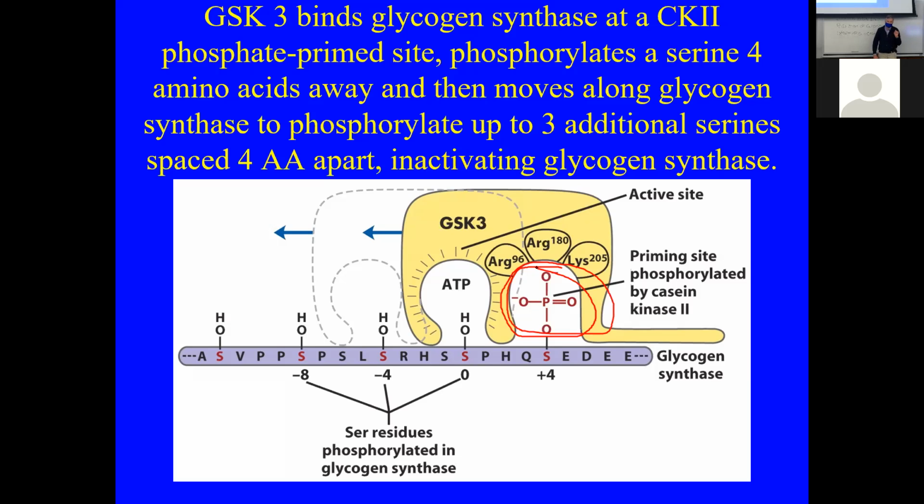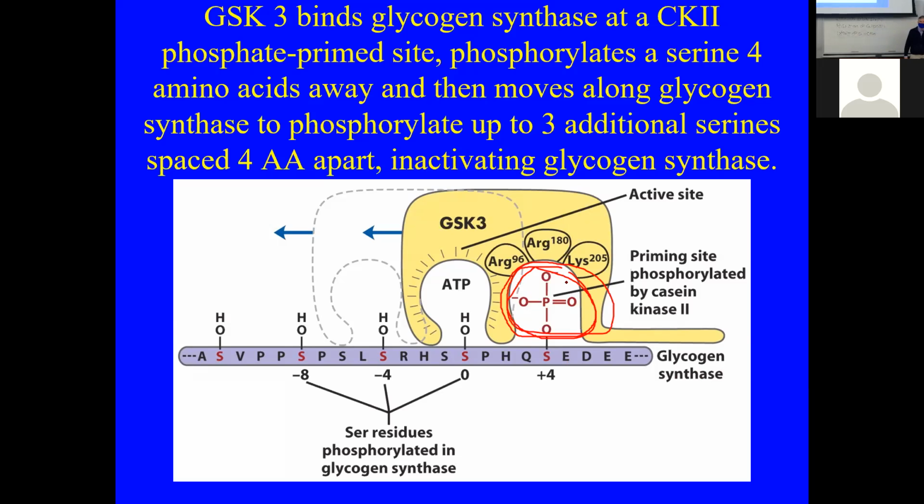And as mentioned, that first phosphate is added by casein kinase 2. This GSK3 is a crazy kind of enzyme. So it has the substrate binding site, which is shown here, and it's surrounded by all of these positively charged groups. So you have the negative phosphate, the 2 negative charges on the phosphate.